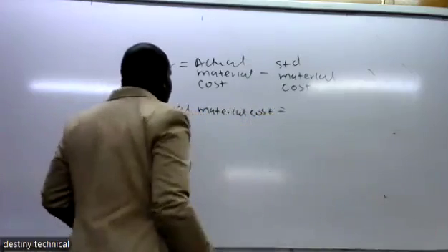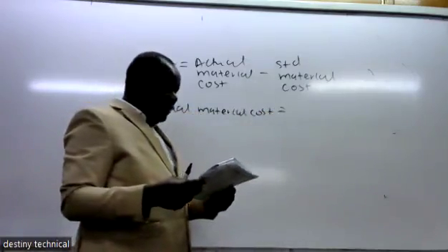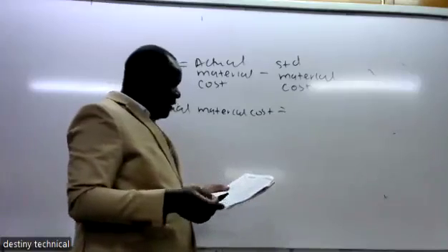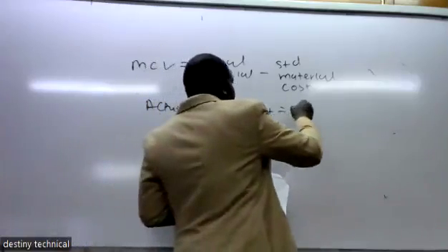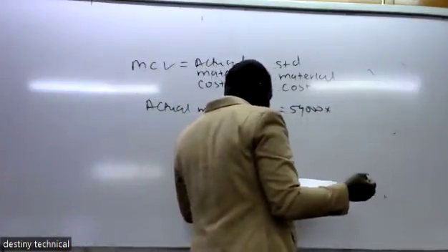Just take the actual quantity in number 1. It is 59,000 multiplied by 5.